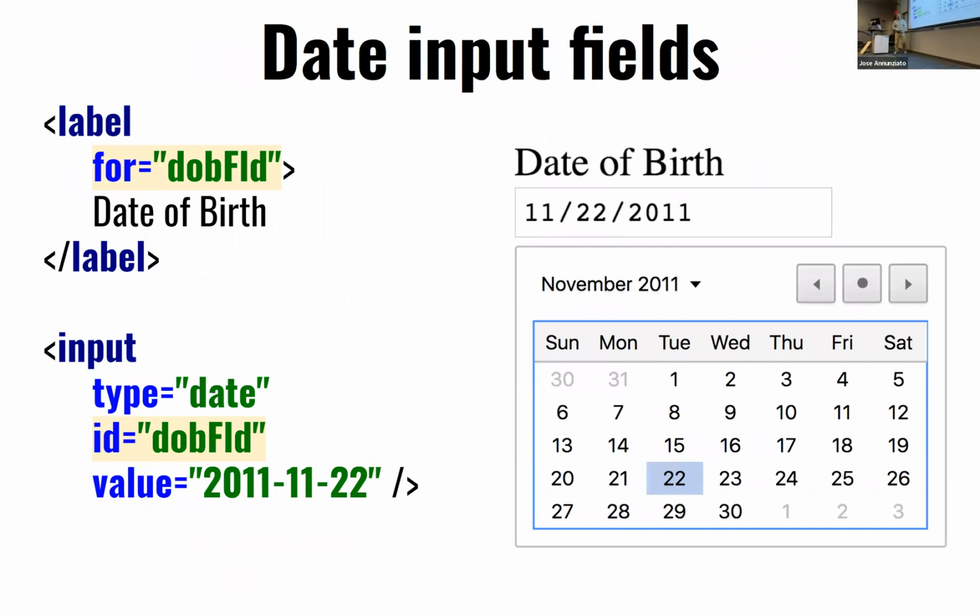Now this date picker also has the benefit that it is locale sensitive. If you're in Europe, it'll be day, month, and year. If you're in China or India or wherever you are in any different regions of the world, it'll display the correct date picker for that particular region.